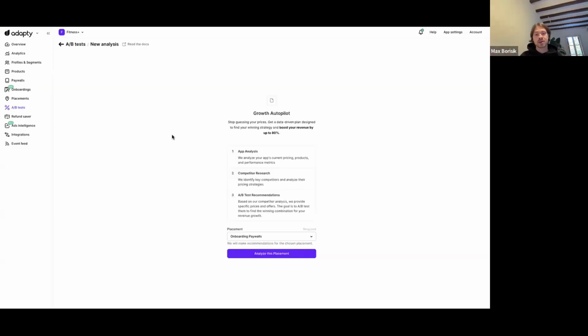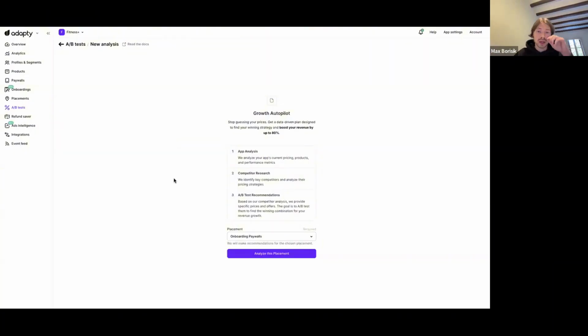Based on that, our algorithm understands whether we need to increase the prices or decrease them, whether we need to add a new duration, or maybe add a trial. So based on what happens on the market and on the metrics of your app, we give recommendations of what should be tested, and try to solve the problem of coming up with ideas of what you should do at the moment.